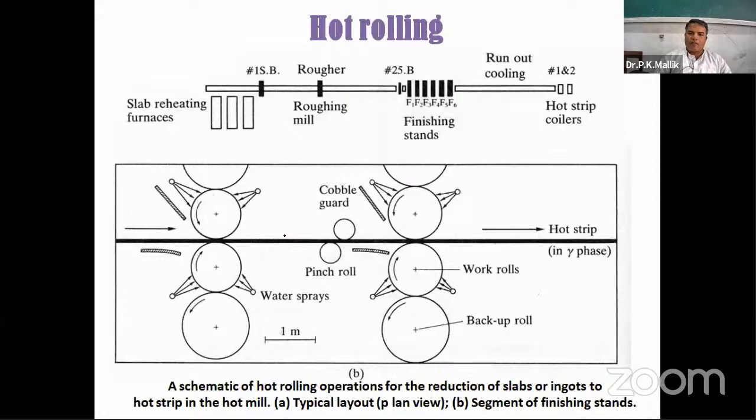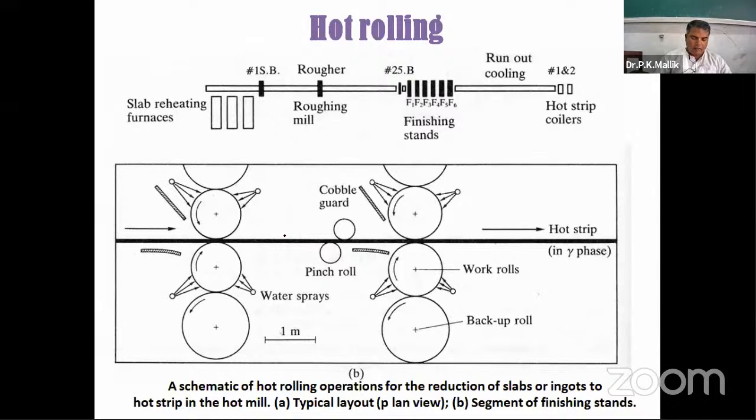So how can you control the rate of heat transfer from the solid hot slabs so that we can easily reduce the slab? This is an important consideration for the hot rolling mill process. These are the different processes that occur in metallurgy.